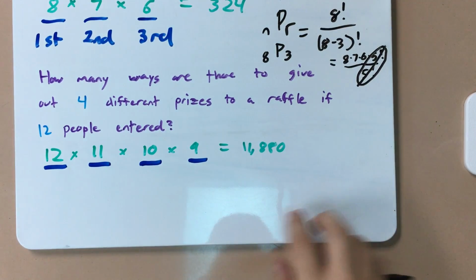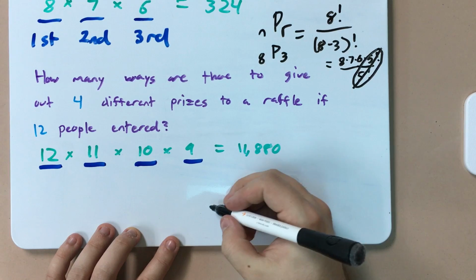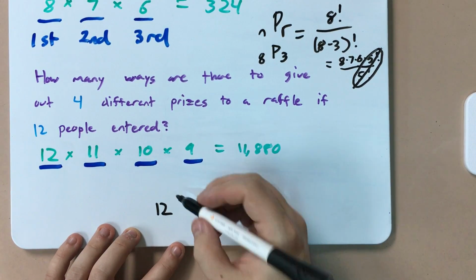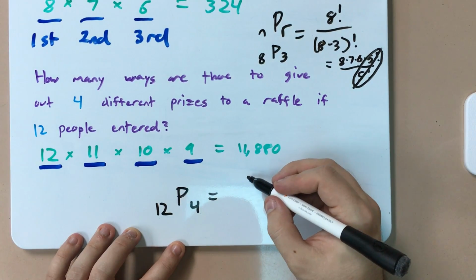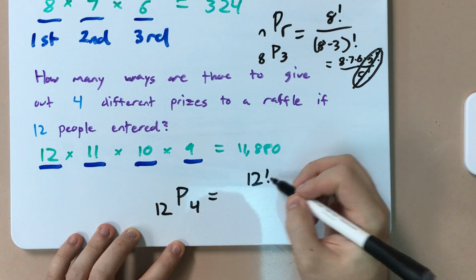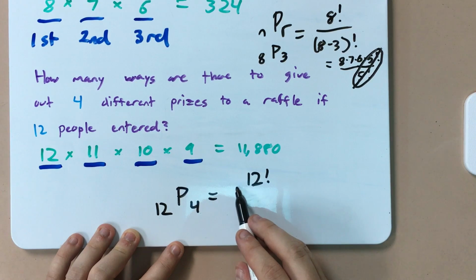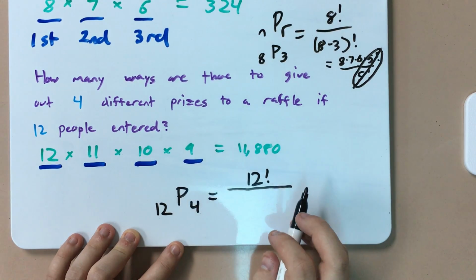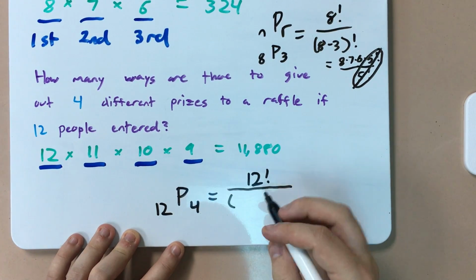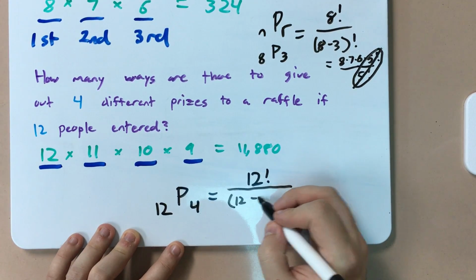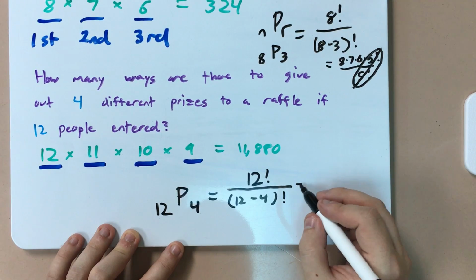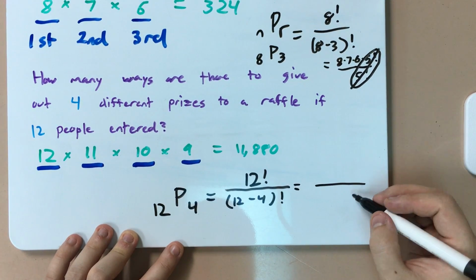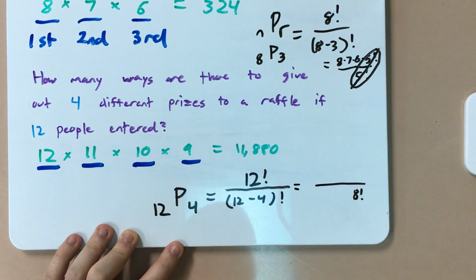Now, how does that work for this example down here? Well, this time we have 12 people to choose from, and we're picking 4. So I'm going to start with 12 factorial, the factorial of the number of things that I'm choosing from, or the number of people in this case. I divide that, and now I subtract 12 minus 4 and take that factorial. 12 minus 4 is just 8.